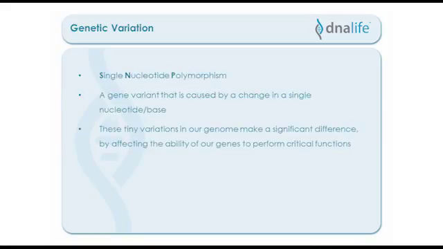A SNP is a gene variant that is caused by a change in a single nucleotide or base. These are the tiny variations in our genome which make a significant difference by affecting the ability of our genes to perform their critical functions.